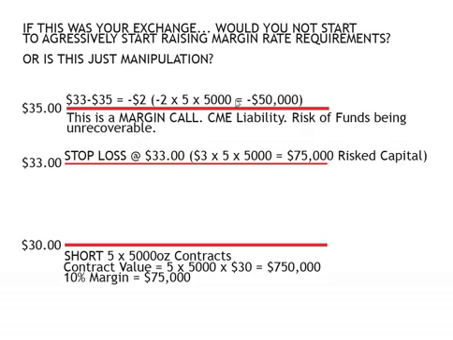So, you know, ask yourself this question: if this was your exchange here, and you risked losing, in this example, $50,000 just because silver moved $2 outside of your trading hours, would you not raise rates? I mean, let's be honest. I'm surprised that the rates are still so low. If anything, this is still trying to be manipulated upwards.